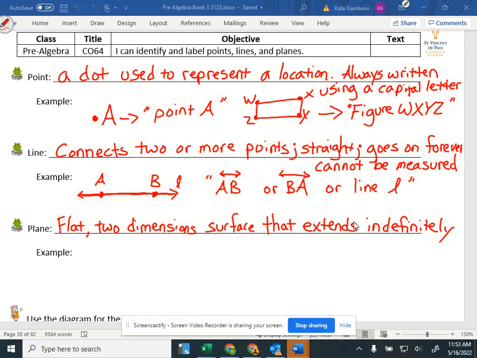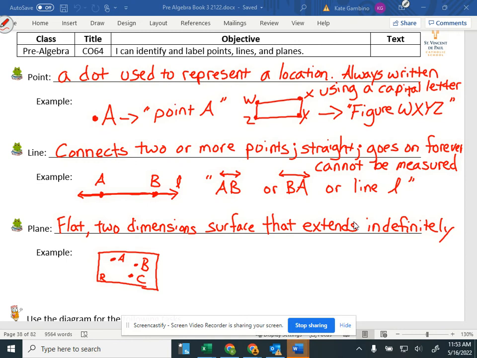So here would be an example. In this plane, I'm going to label some points, A, B, and C. And I'm also going to put an R there.